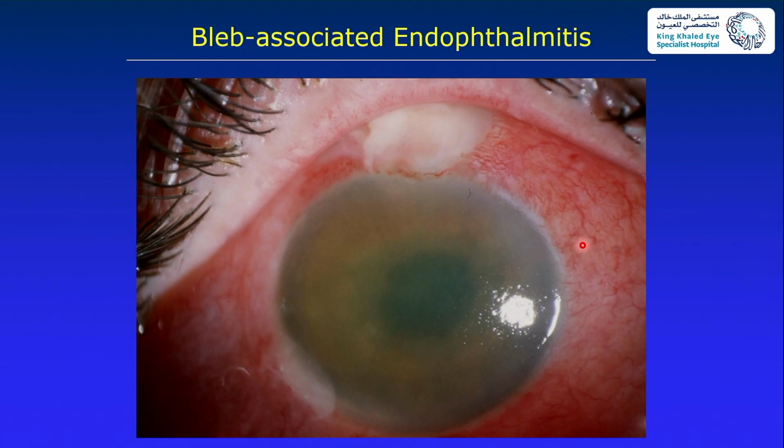We need to educate ophthalmologists, because he missed that the patient had blebitis, because she originally presented to this ophthalmologist with blebitis. But he only gave her antibiotic drops and discharged her. So she came, in fact, her eye was lost. She had a Streptococcus species endophthalmitis.